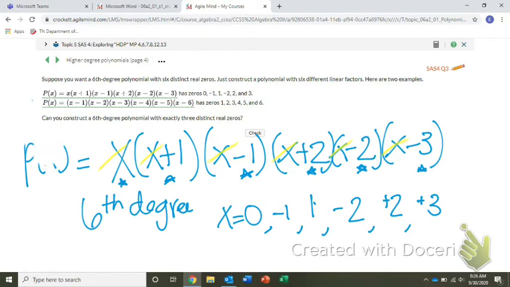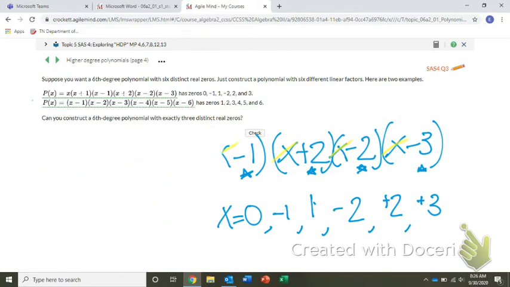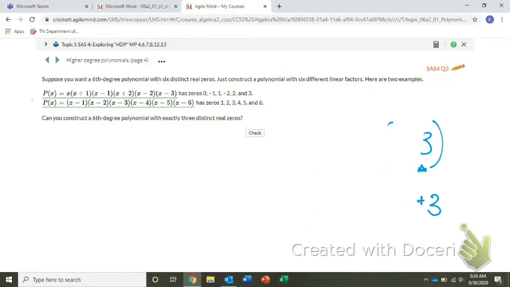All right, so now on number 3, it says construct a 6-degree polynomial with exactly 3 distinct real zeros. So we're going to make a few different ones.